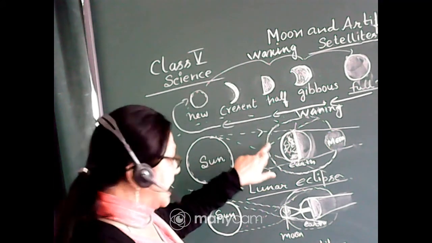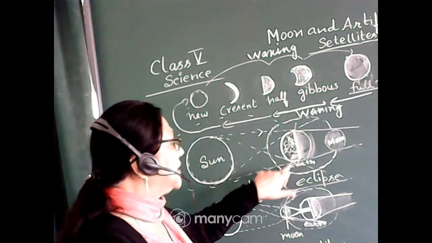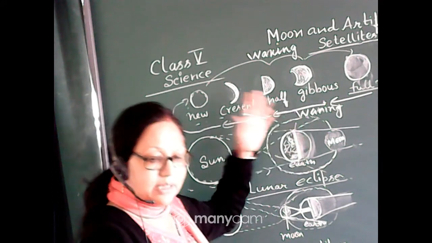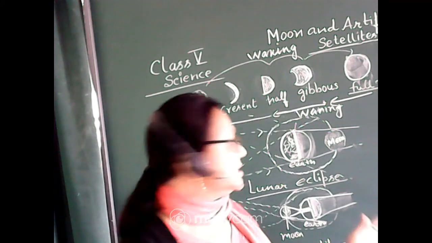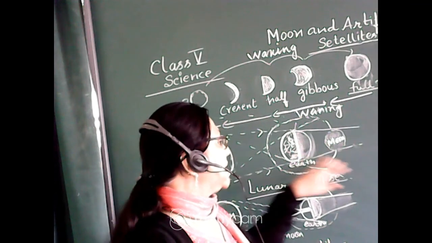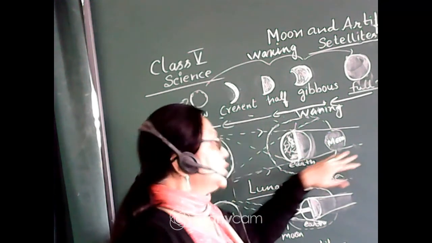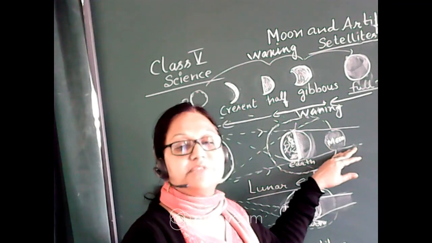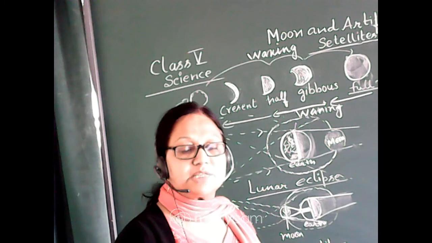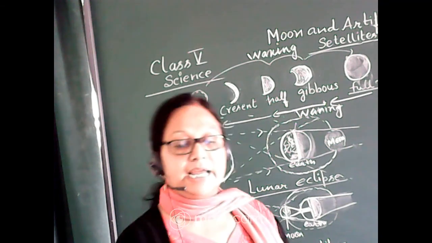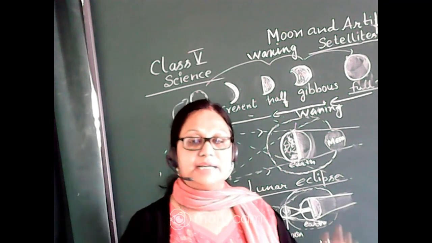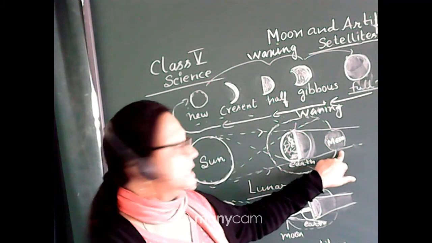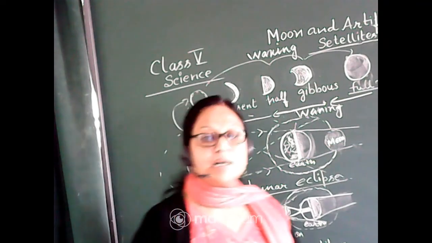When the earth comes in between the moon and the sun, it does not allow the sun rays to reach the moon, and the total moon, or maybe only part of the moon, is not visible to us. If the partial moon is not visible to us, we say it is a partial lunar eclipse, and when it is totally restricted and the full moon is not visible to us, it is said to be a total lunar eclipse.